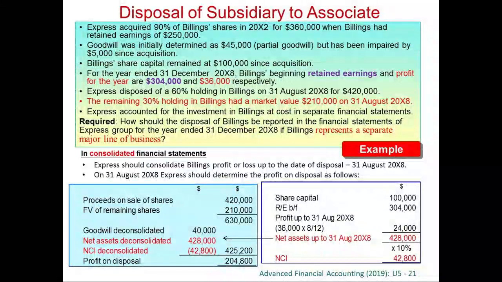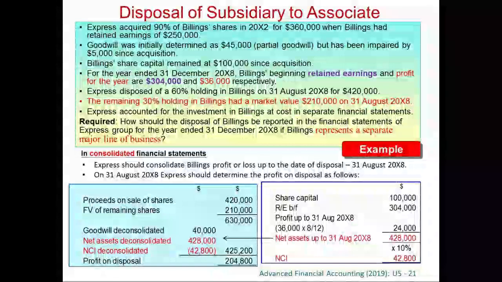Okay, so this is how we calculate the gain on disposal on consolidation.